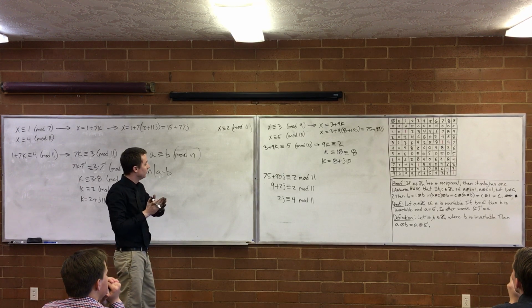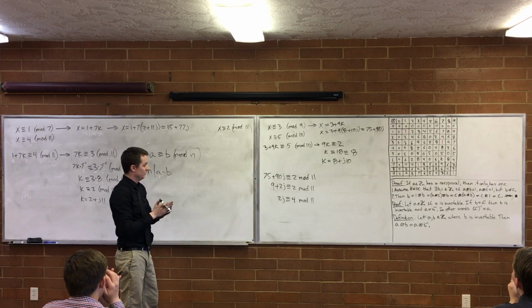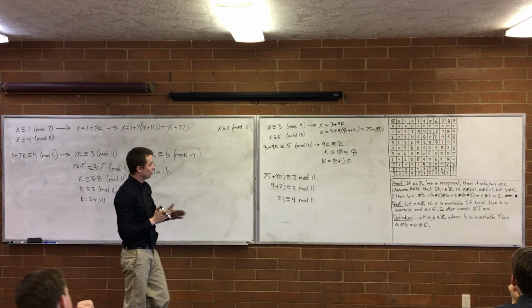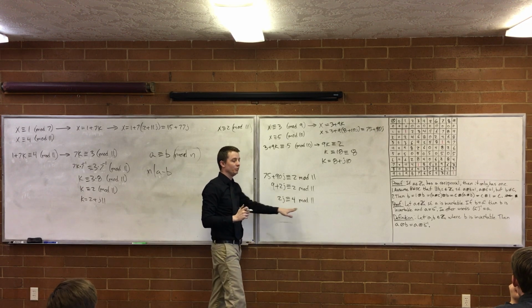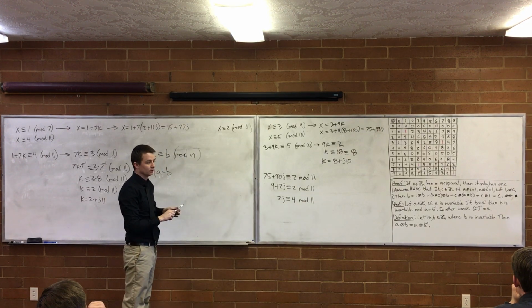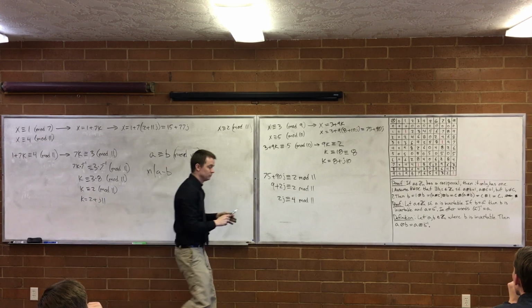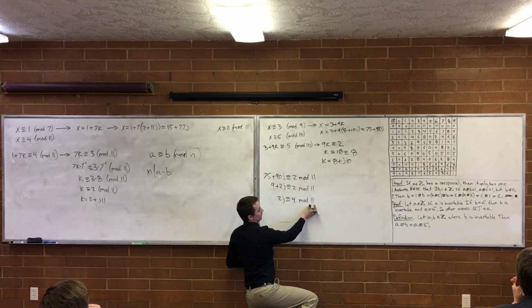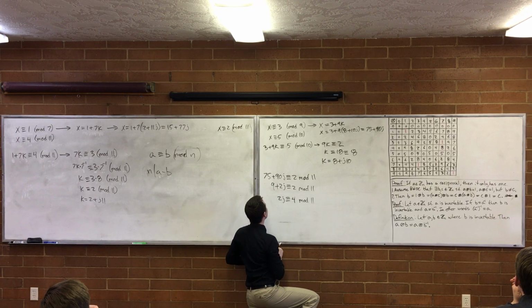That means what mod 11 times 2 equals 1? 2 times what, when you mod by 11, gives you a 1? 6. There you go. When it's 2s, it's real easy, right? You just gotta get one higher than half. Yeah. 6.